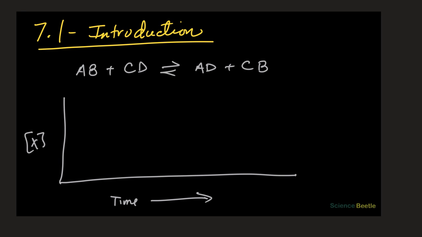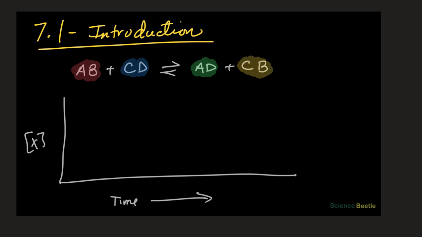If I were to color code things, let's say that A and B are red, CD is blue, AD is green, and CB is yellow.